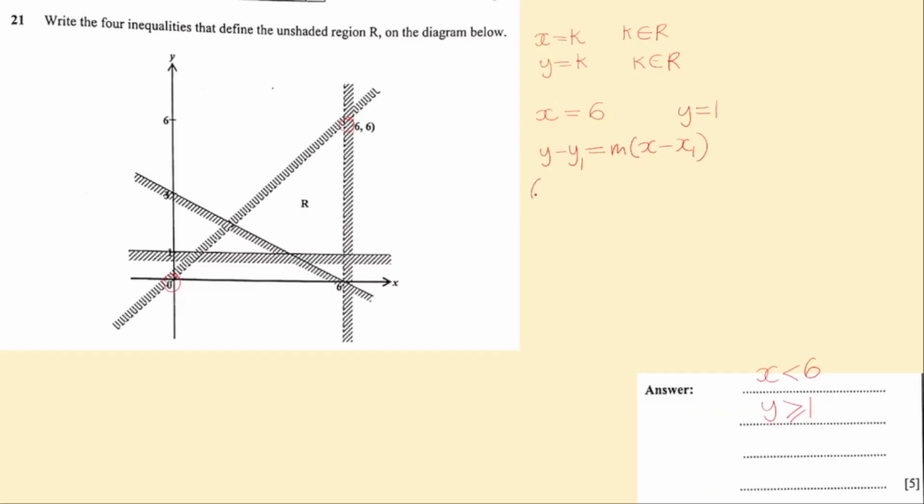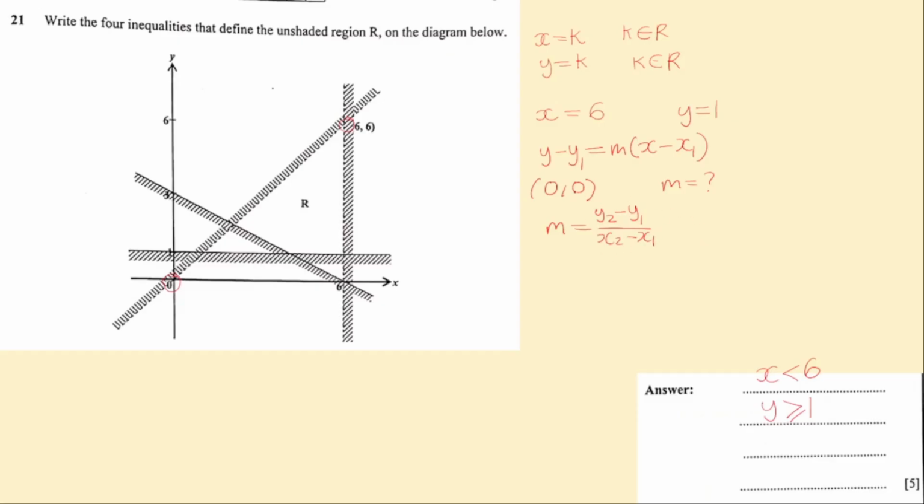We can use 0, 0 as one of the points, but we don't know what m is. M is a gradient, found by finding the change in y over the change in x, y sub 2 minus y sub 1 over x sub 2 minus x sub 1.